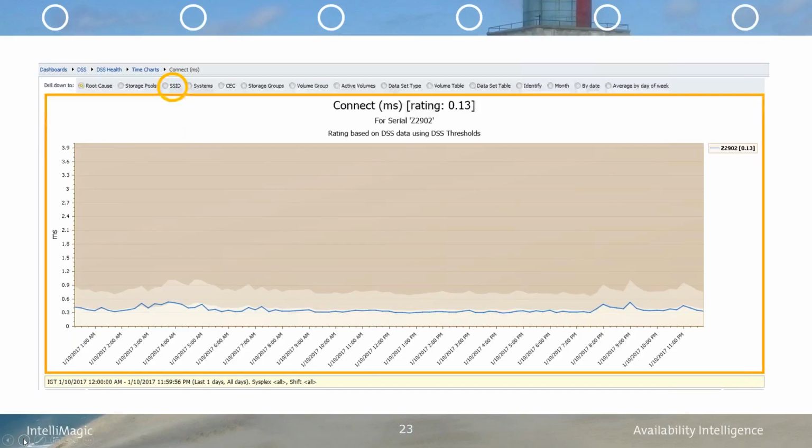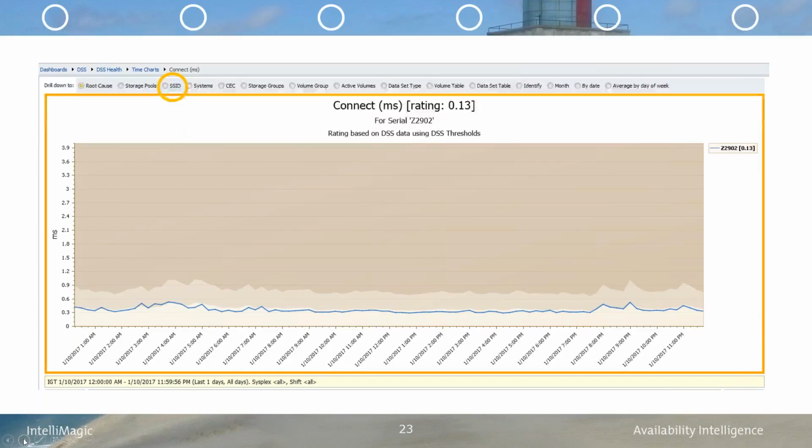What we have here is an example of dynamic thresholds. That's part of the intelligence that Brent was talking about. We model what your connect time should be for the workload and hardware that you have in place, and then we create these thresholds based on those models.